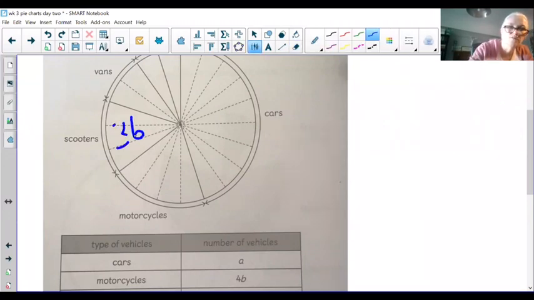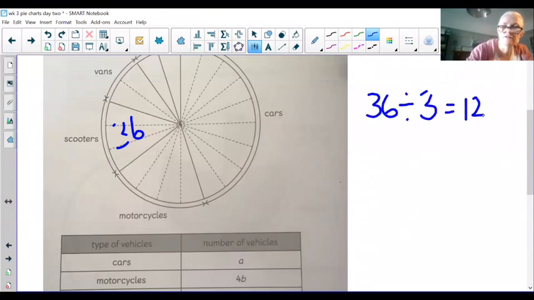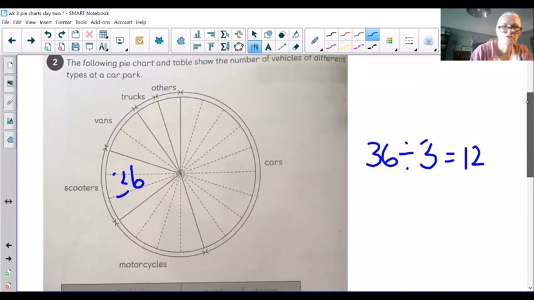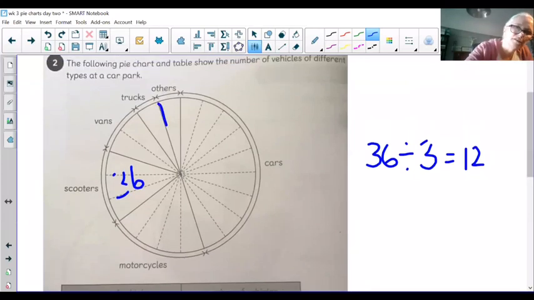So one segment must be 36 divided by 3, which is 12. Okay, so if I look at others on here, that's only one segment. So I already know that one segment is 12.